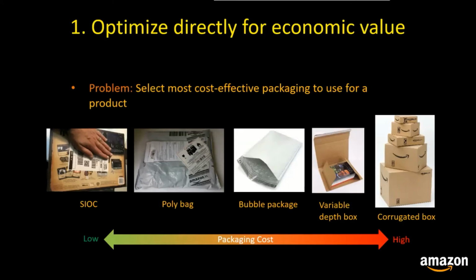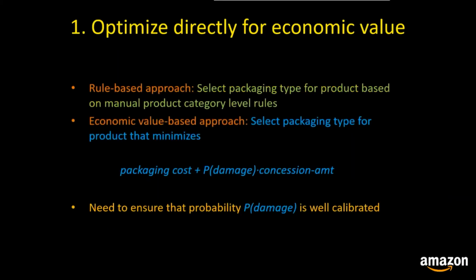Next slide, please. Now, earlier we followed a rule-based approach to select the packaging type for a product, primarily based on its category. Recently, we've switched to an economic value-based approach. Let me explain what that means.